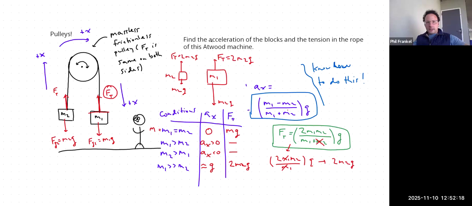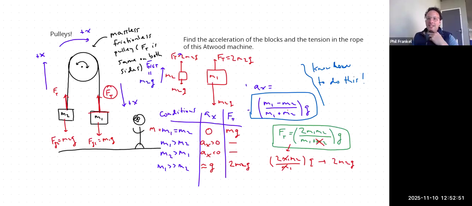Now let's look at object 2, okay? Object 2 has a force equal to twice its weight in tension, pulling it up. So the net force on object 2 is, let's see, we have m2g down and 2m2g up. So the net force on object 2 is just m2g pointing up.